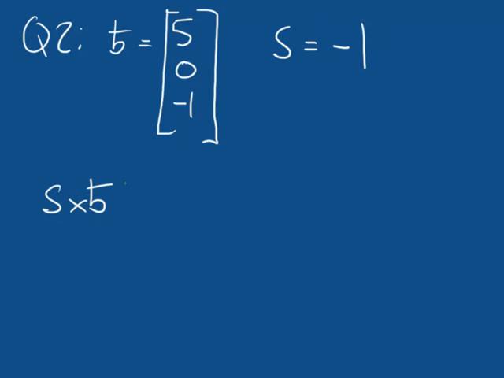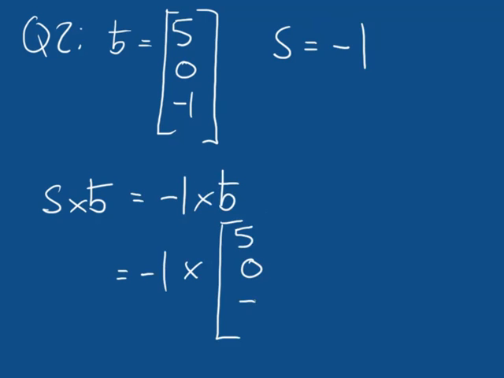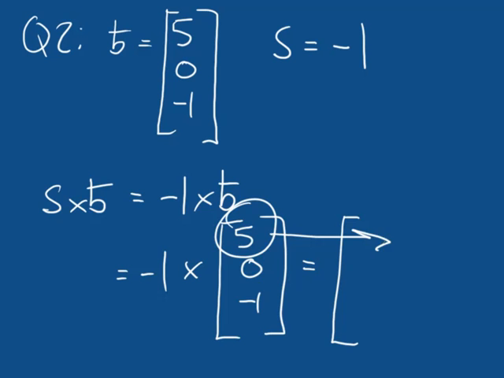Okay, welcome back everyone. So we're taking S times B, that means we're taking -1 times B, which is equal to -1 times our vector 5 in X, 0 in Y, -1 in Z. So that's going to give us a vector that has for our first component our scalar, -1, multiplied by the first component of our vector.